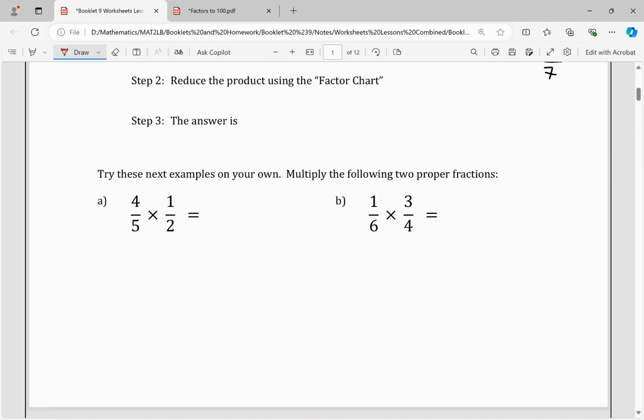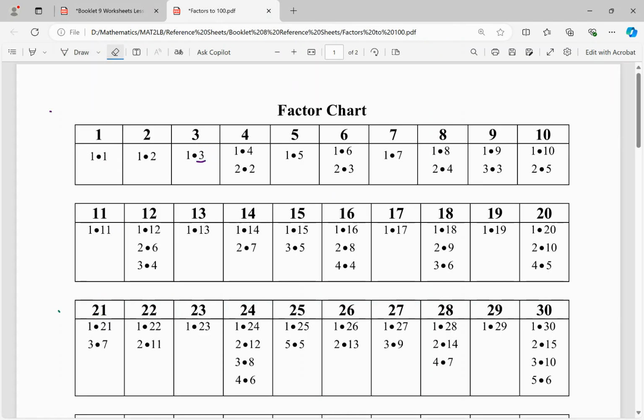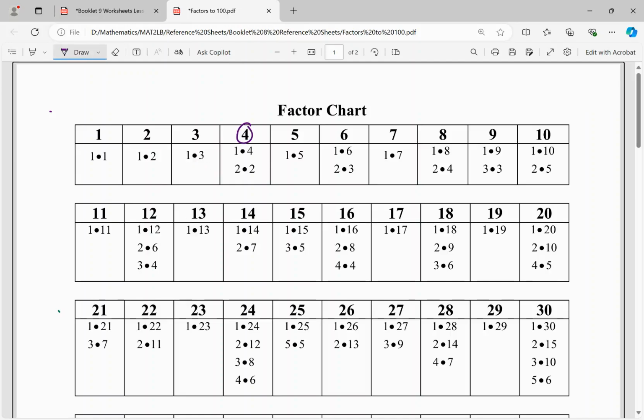So for the first example, we're going to multiply the numerators 4 and 1. 4 times 1 gives me 4. Then we're going to multiply the denominators 5 and 2. 5 times 2 gives me 10. So the answer is 4 over 10, but I need to make sure to simplify before I'm done. So we visit the factor chart. Here's 4, here's 10.